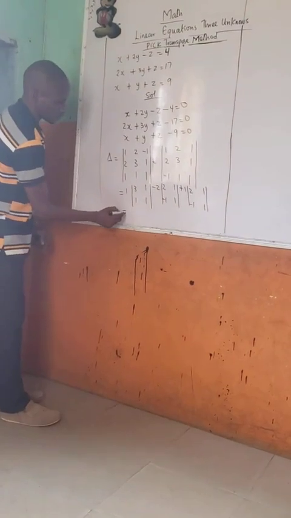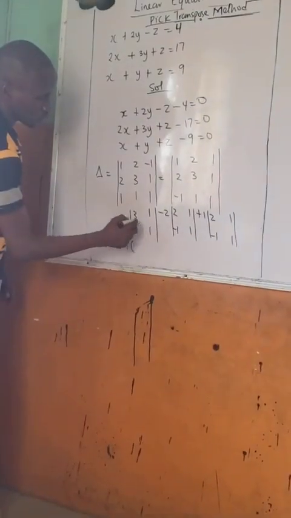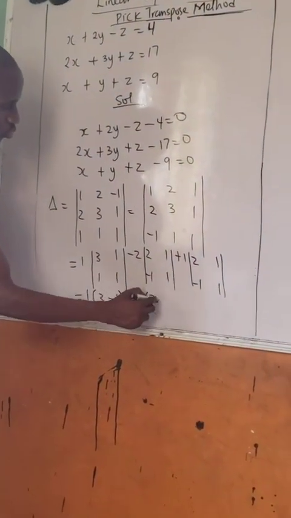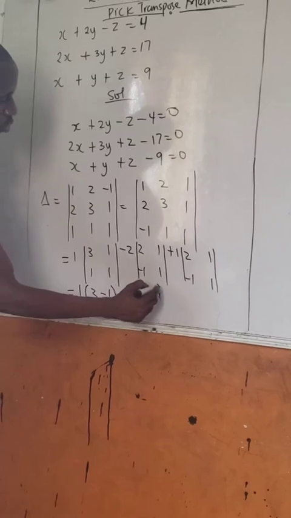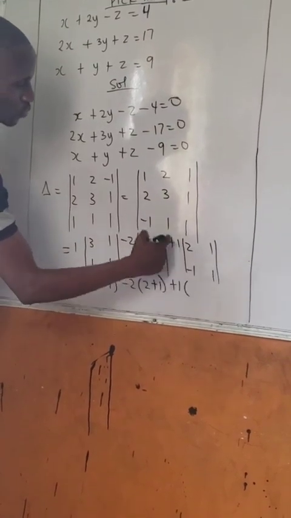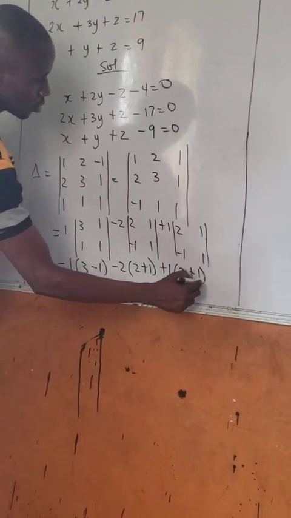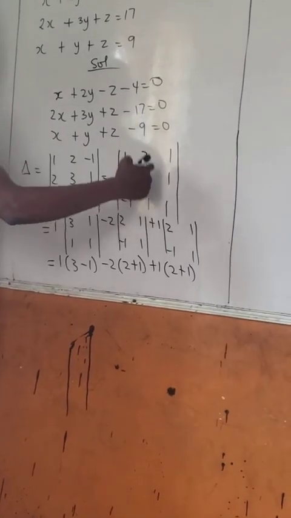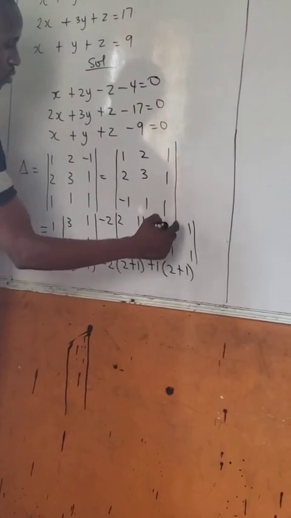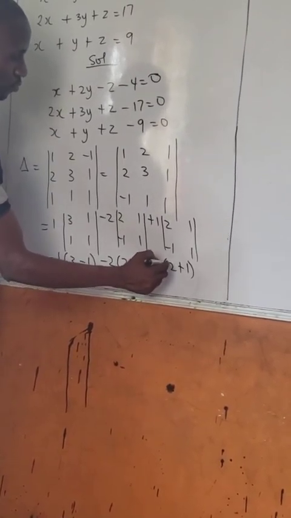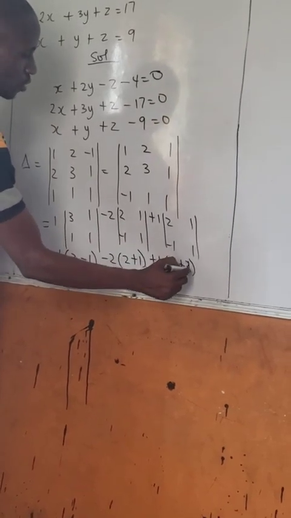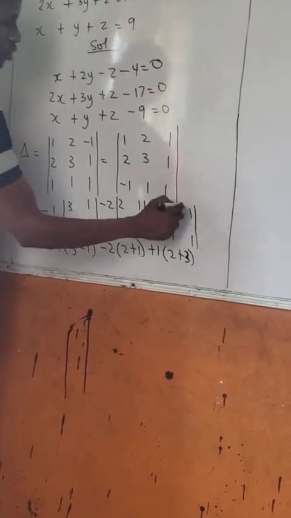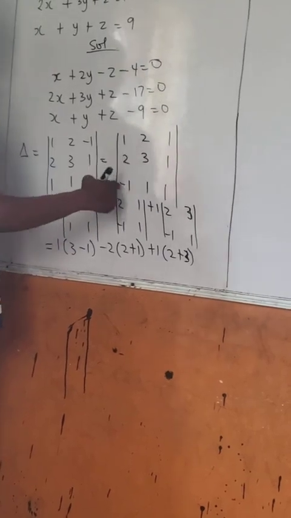We have 2, minus 1, 1, 1. So let's solve this. We have 1 into 3 minus 1, minus 2 into 2 plus 1, plus 1 into 2 plus 3. Oh, sorry, this is 2 plus 3 rather, because if you pick this, also this is 2, 3, 2, 3, minus 1, 1.